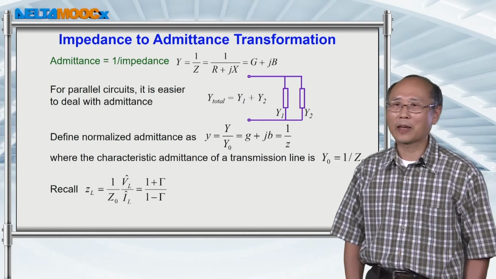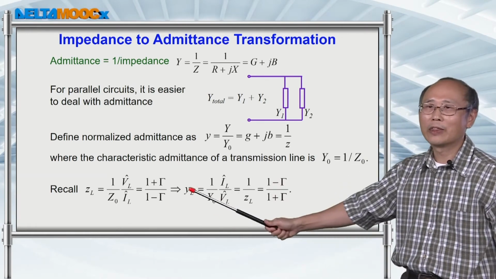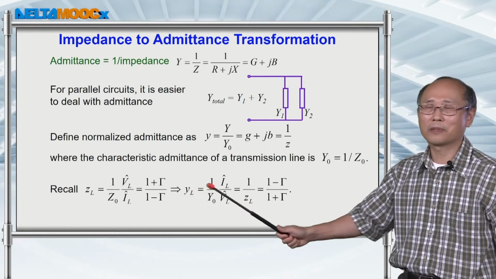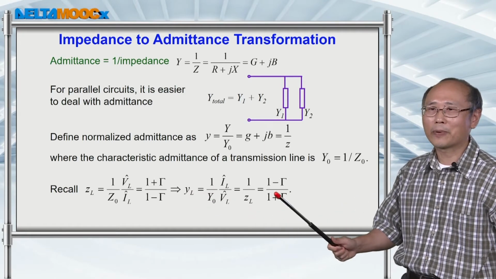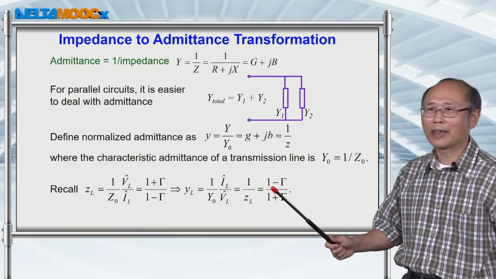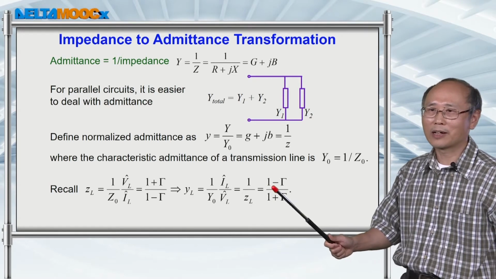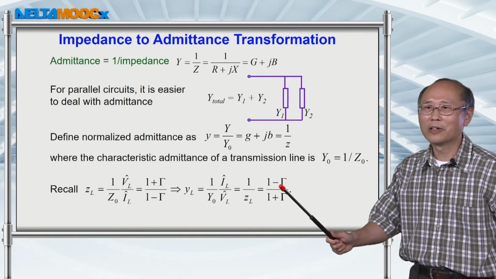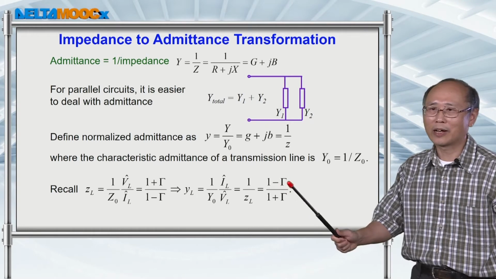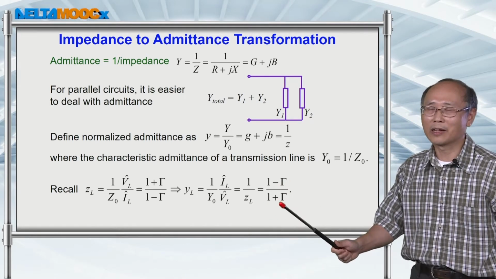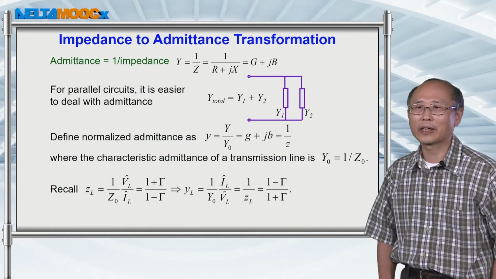If you do the same calculation for the normalized admittance, then you end up having this expression. On the numerator, you have 1 minus gamma, and the denominator is 1 plus gamma.